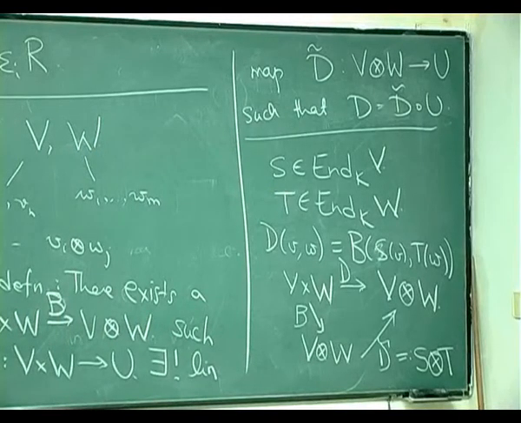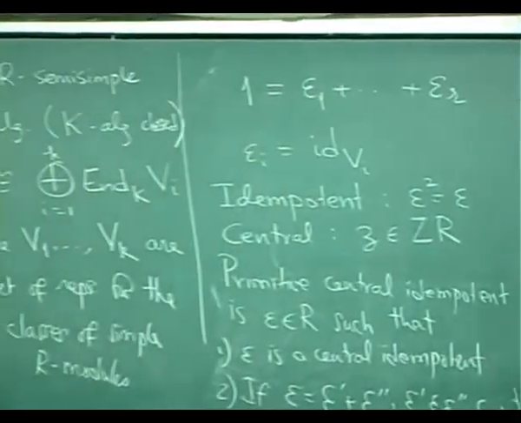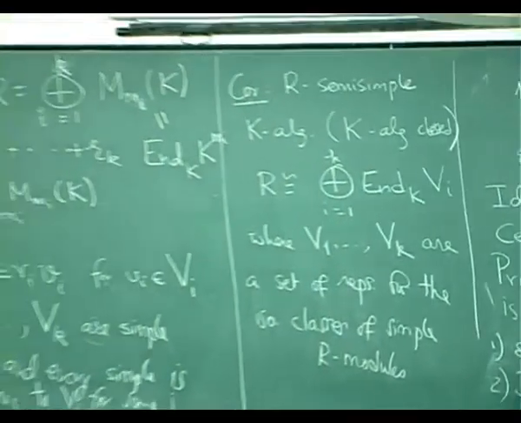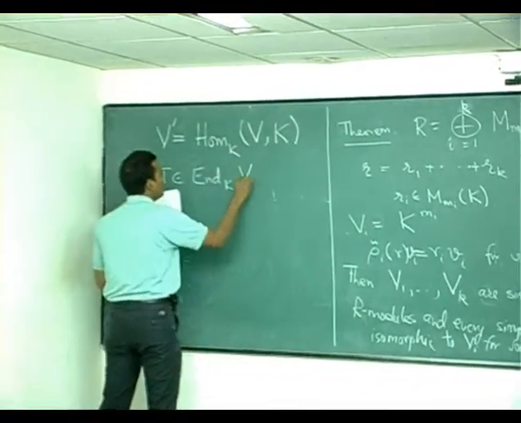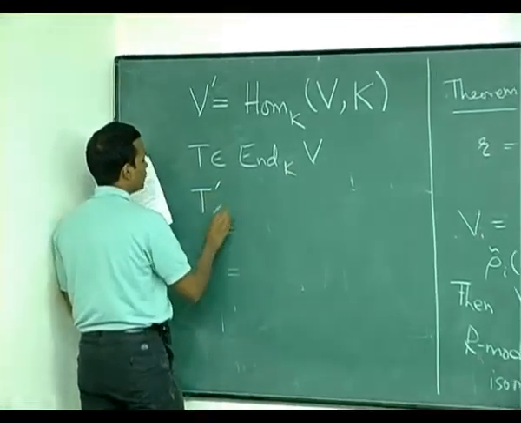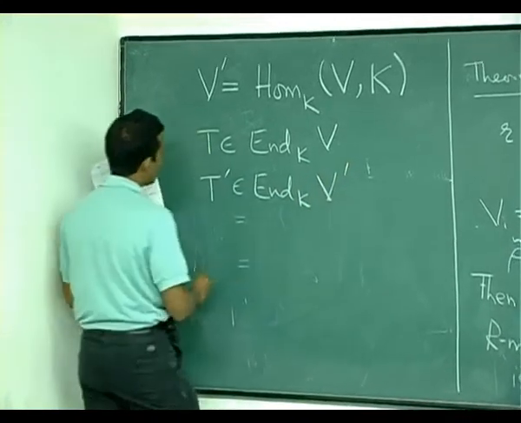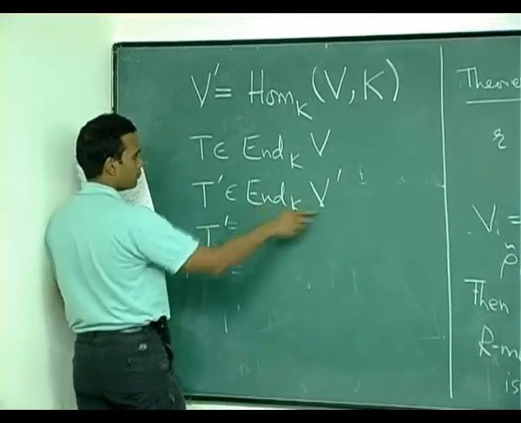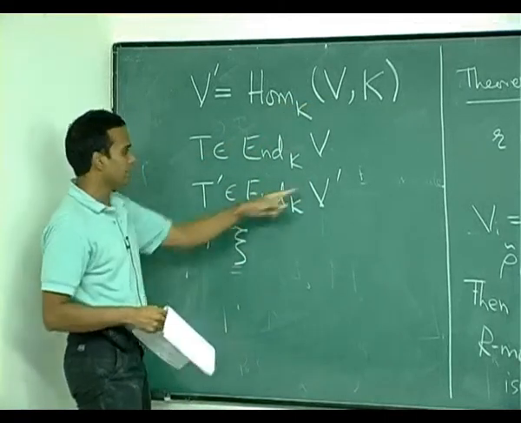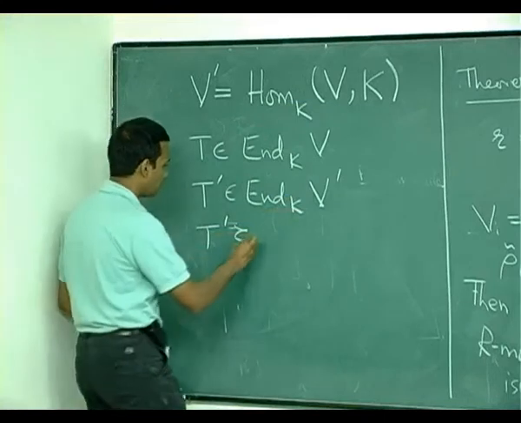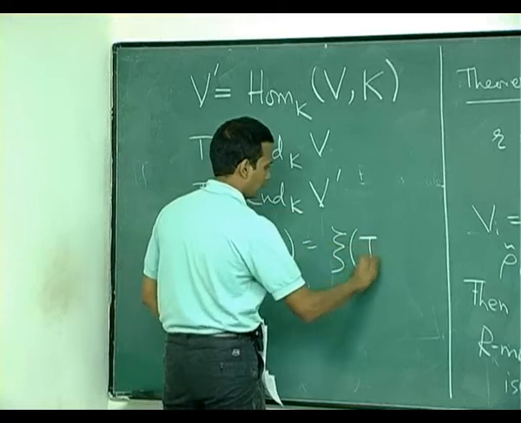Another notion that we need besides tensor product is the linear functionals on V. And you all know that if you have an endomorphism T of V, you can define an endomorphism T prime of V prime. And this has the property that if I take T prime and apply it to some linear functional C, well, I need to get another linear functional on V. So I can feed it a v, and it turns out to be C of Tv.